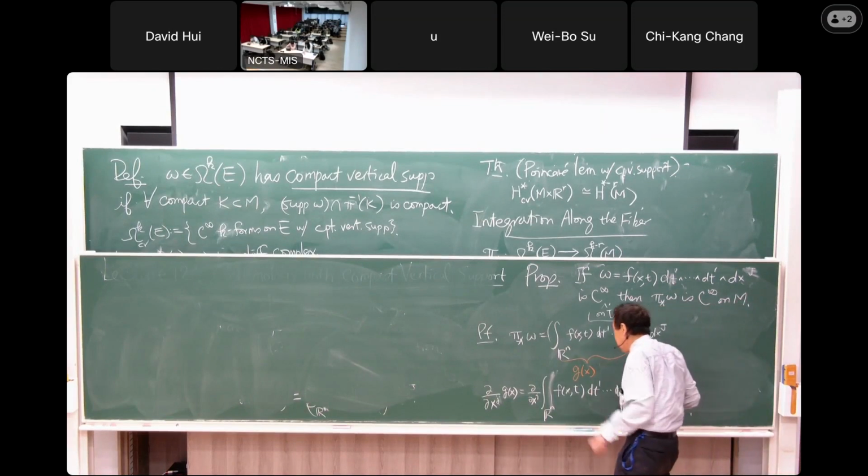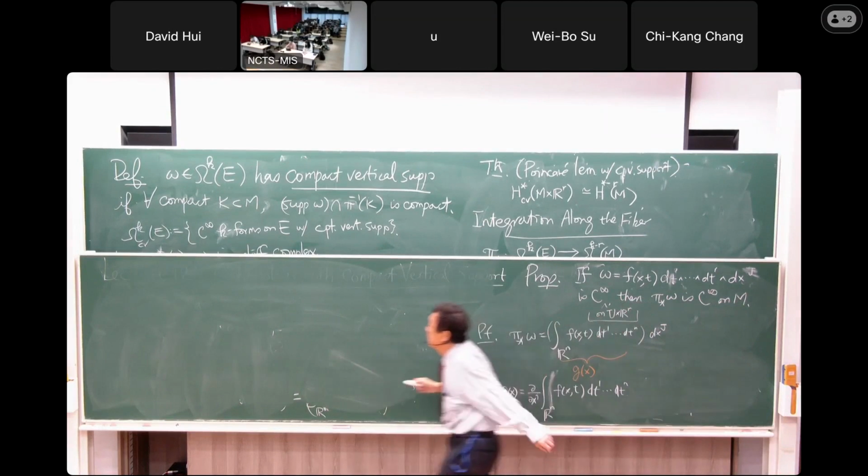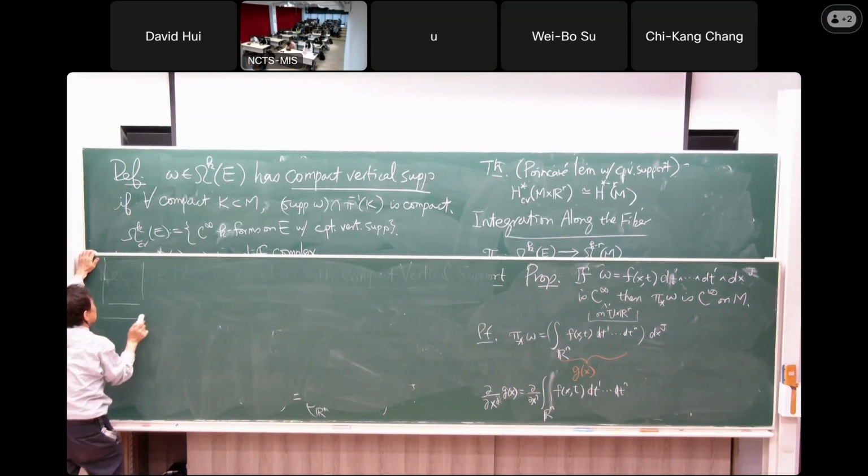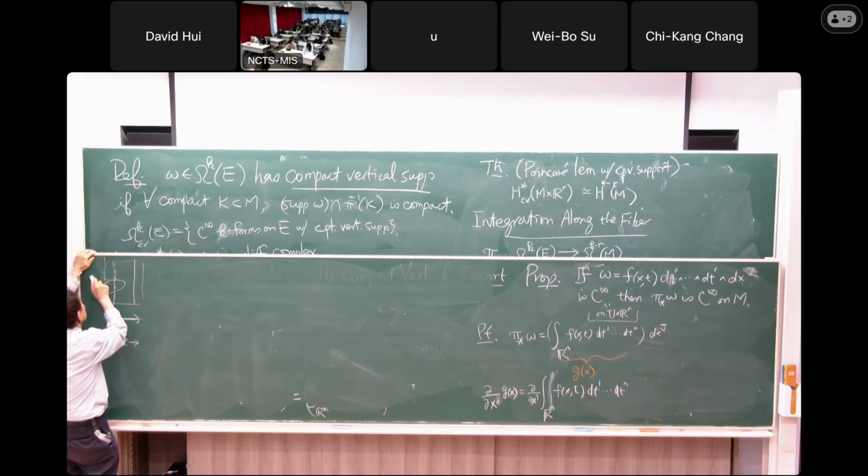Okay, so what do we know? Yeah, so to check whether something is C infinity, you only need to check it at the point P. And so you take a compact neighborhood of P. We know that the support of f intersected with pi inverse K is compact, right?